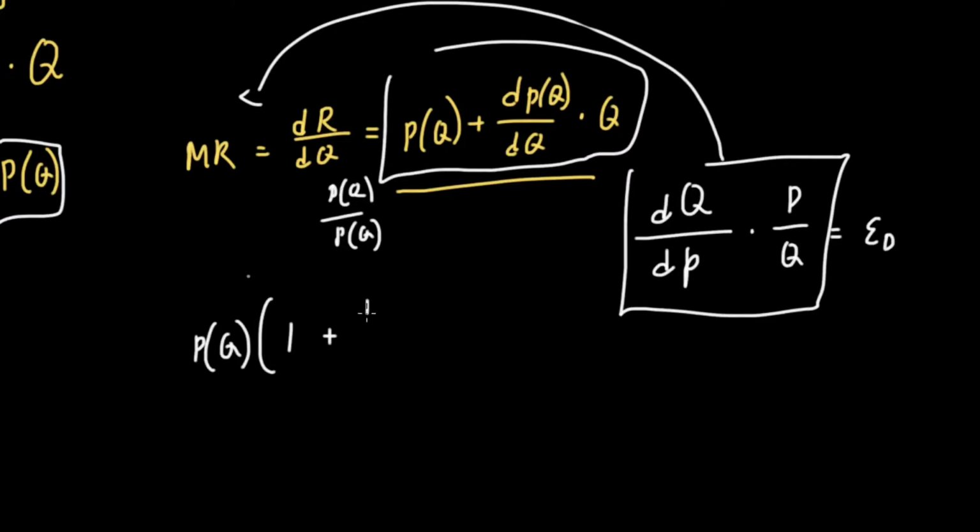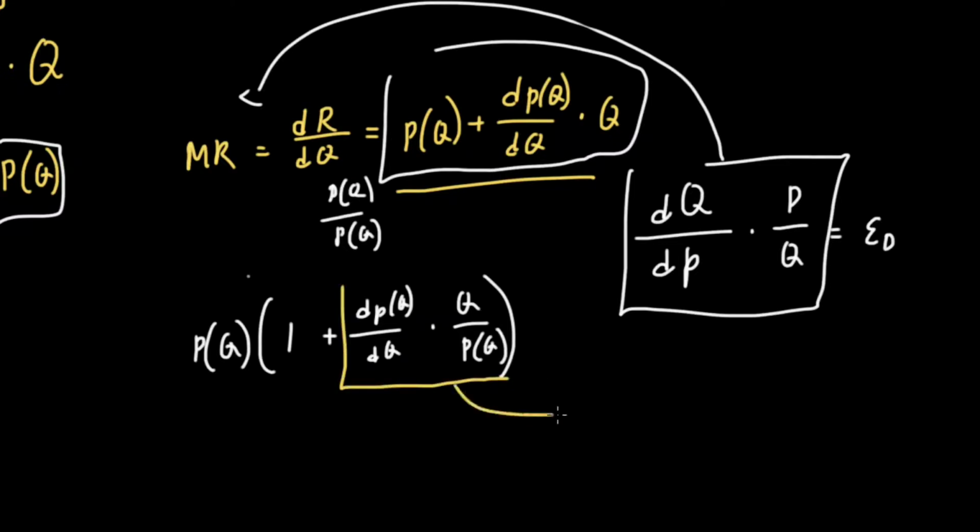I'll just copy this. So dP(Q) with respect to Q multiplied by Q, and by distributing we get Q over P of Q here. And so we see that this thing here is actually the inverse of this thing here.